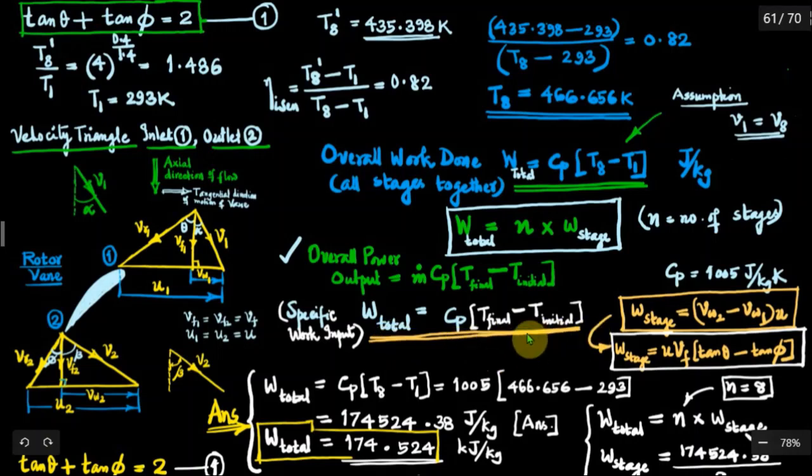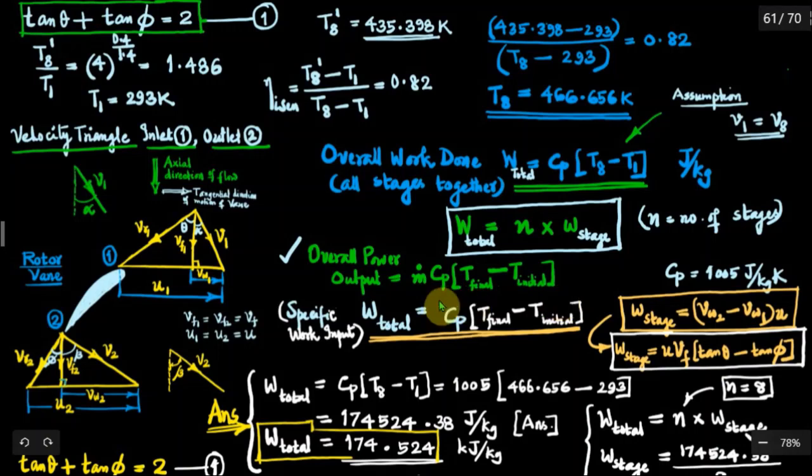So Cp into T final minus T initial is the general expression. Now if mass flow rate is given, then you can find out the power rating, that is work done per second. See, there is a mistake here: overall power output is written, but it should be overall power input. So overall power input is m dot Cp into T final minus T initial.